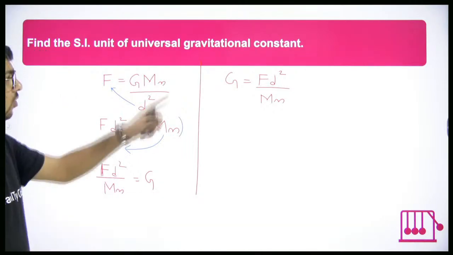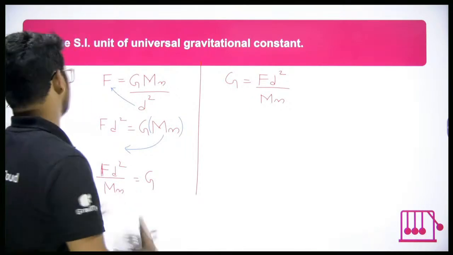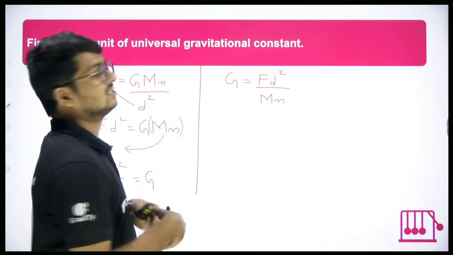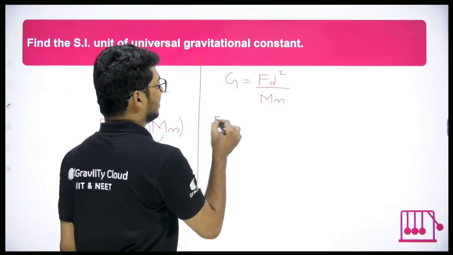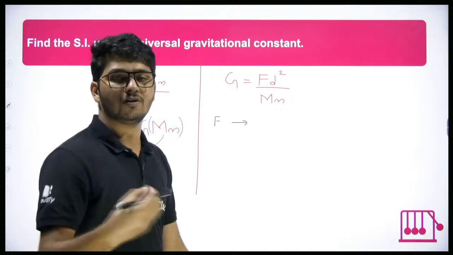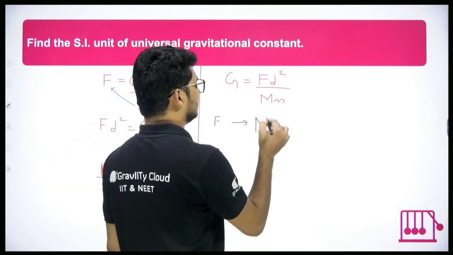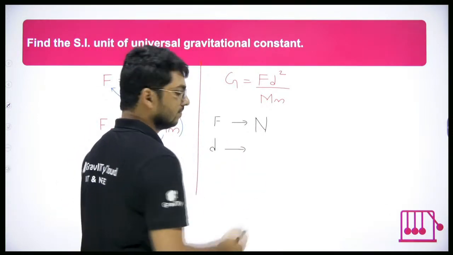Good. Now look at this. We have to get the SI unit. So how do you get the SI units? Very simple. Write down the SI unit of the terms that you have. For F, which is force, the SI unit is Newton, and the symbol is capital N. Now what about D?